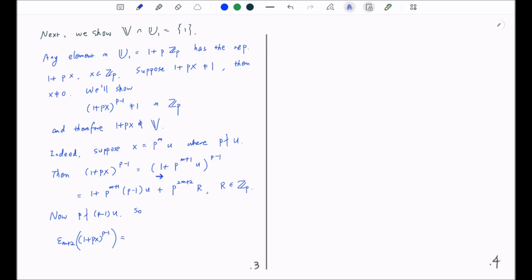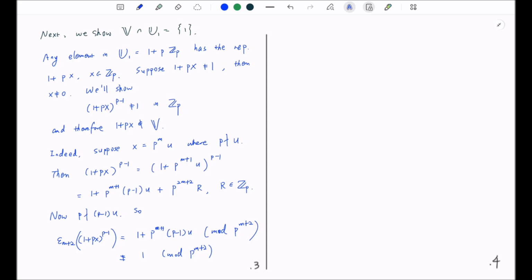And this, by our discussion, is 1 plus something modulo p raised to the power m plus 2. And this is not congruent to 1 modulo p raised to the power m plus 2.